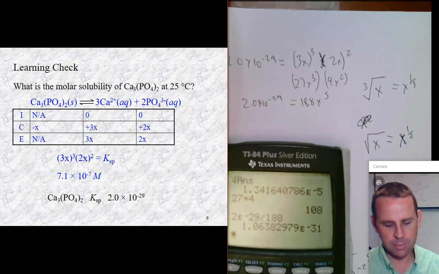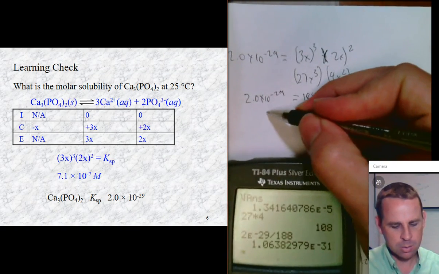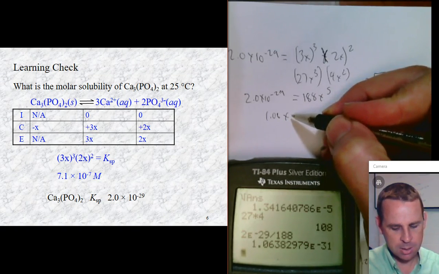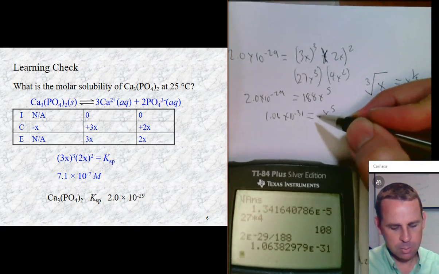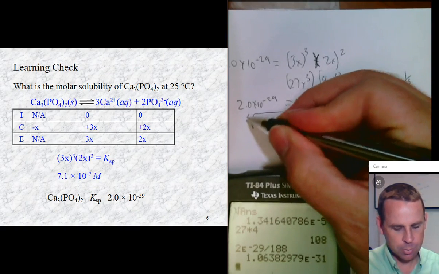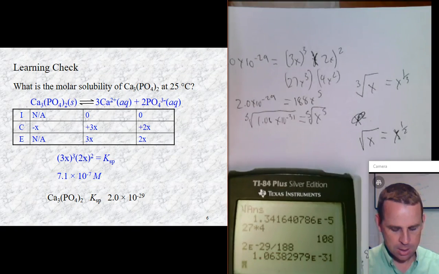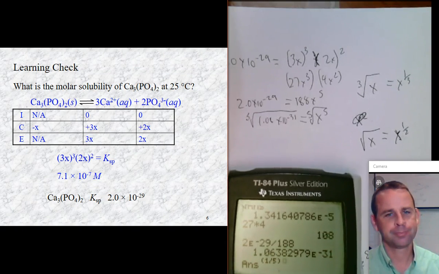So now we want to take the 5th root of this value because we have this value, 1.06 times 10 to the minus 31, that is equal to x to the 5th. So now we need to take the 5th root of both sides, right? So I'm going to take this answer and raise it to the 1/5 power.